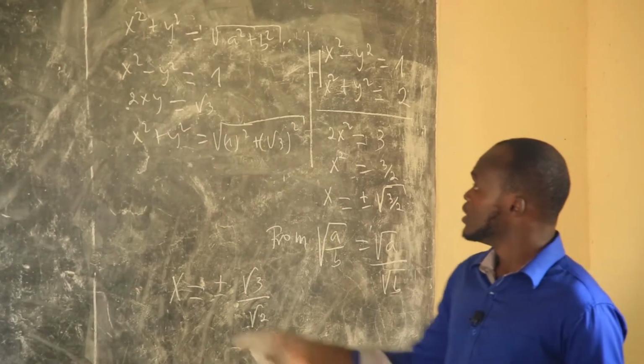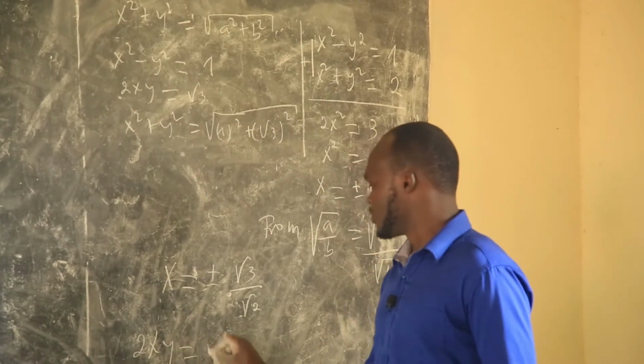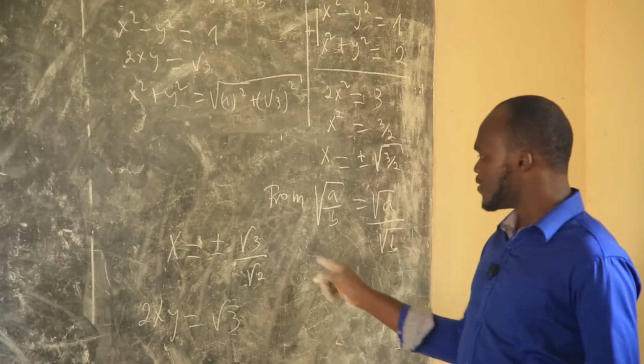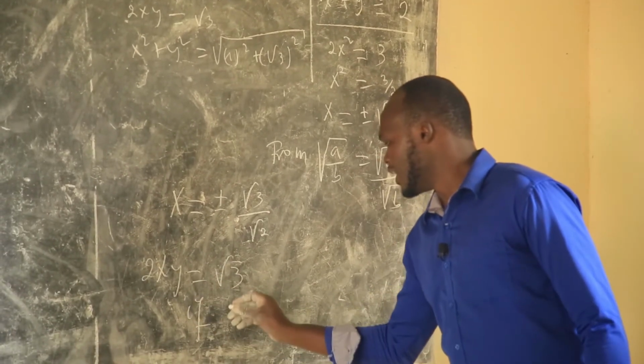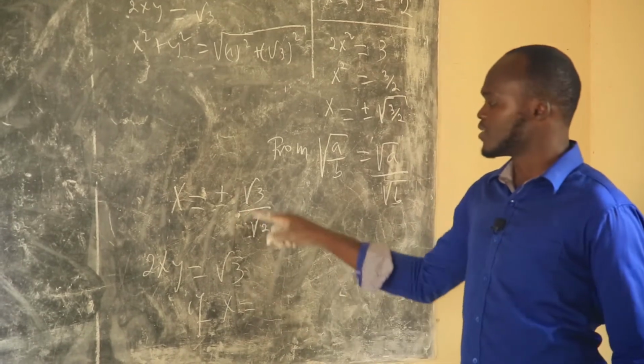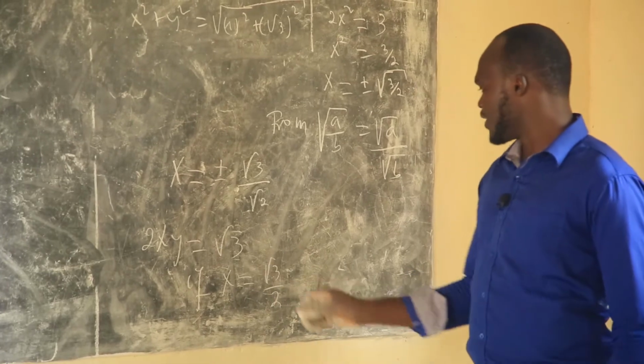Then we have 2xy equal to root 3. So the value of x is going to help us to get the value of y. Because it has two values, if x equal to root 3 over root 2, what will be the value of y?